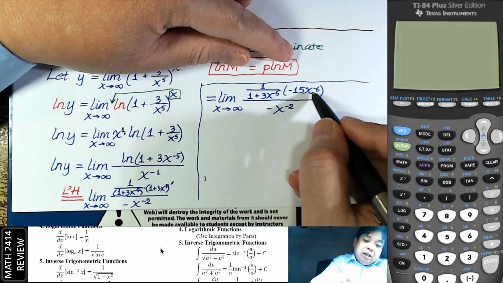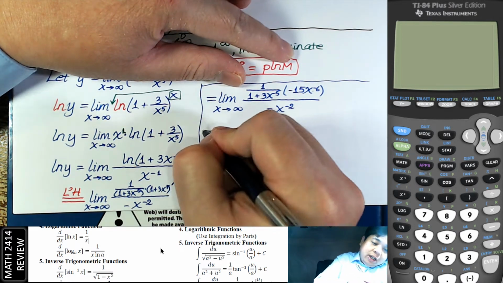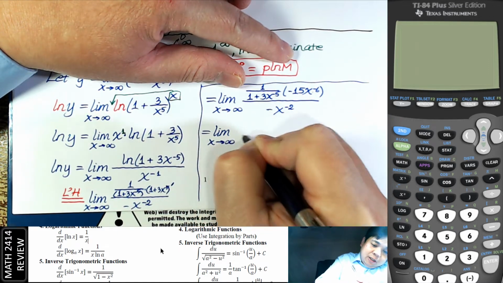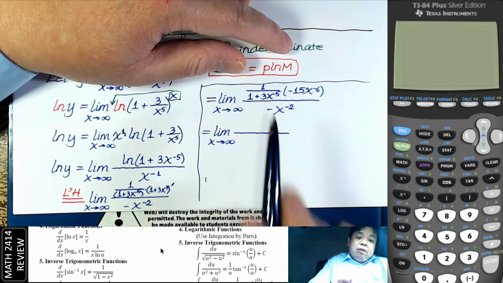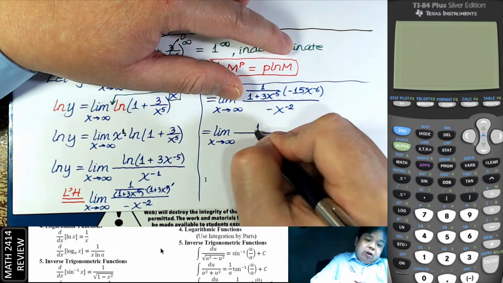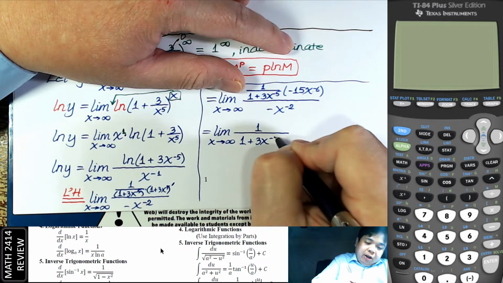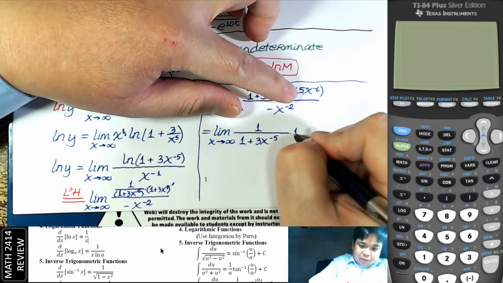Then we have 15 x to the -6 and x to the -2. So what we see here is negative, that's positive. We still have 1 on the top and 1 plus 3x to the -5. Oh, there's still 15 though.